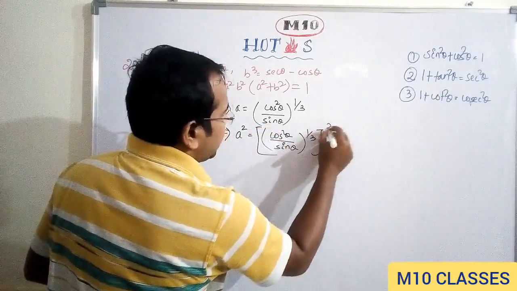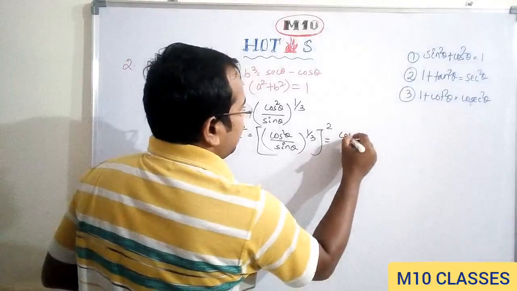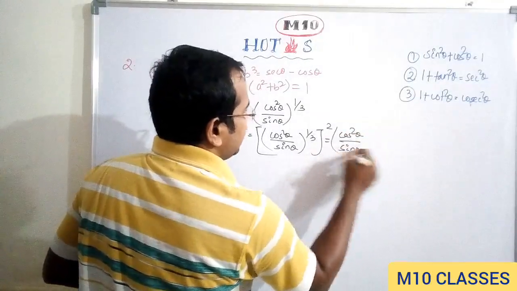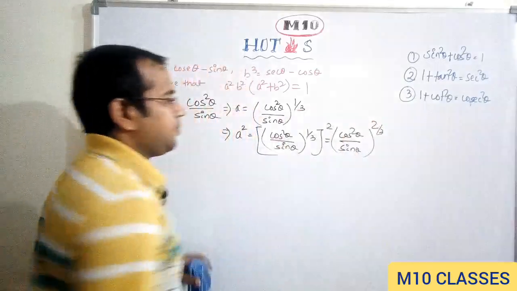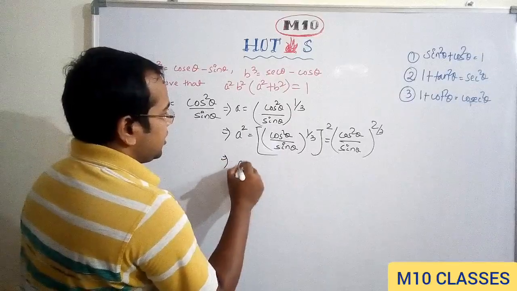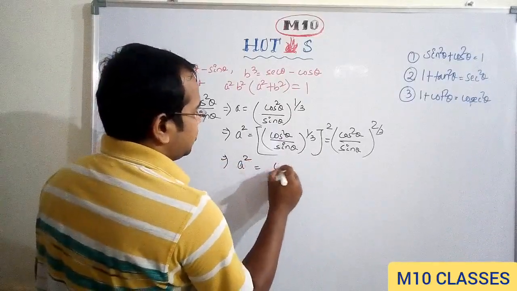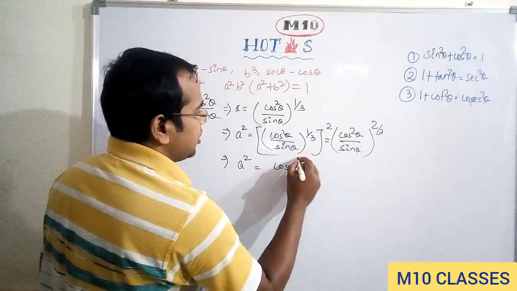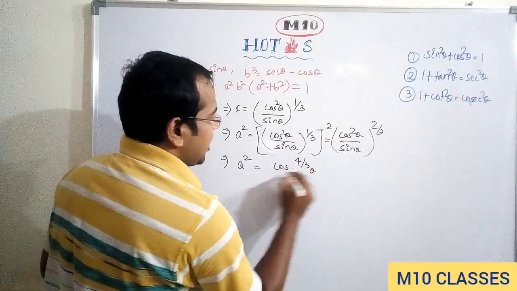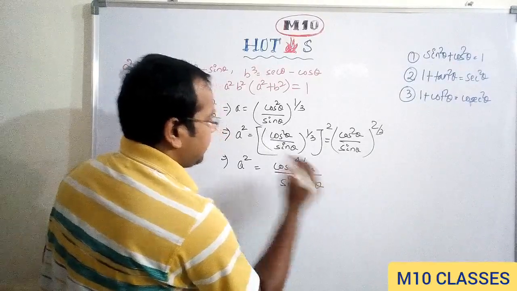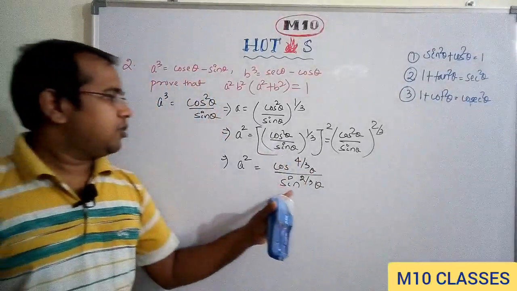So you will get (cos square theta divided by sin theta) to the power 2 by 3. Again, these powers will be multiplied. What will you get? a square equals cos to the power 4 by 3 theta divided by sin to the power 2 by 3 theta. So you are getting this value for a square.